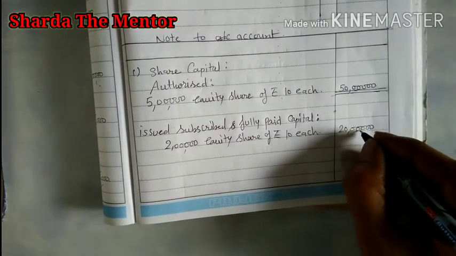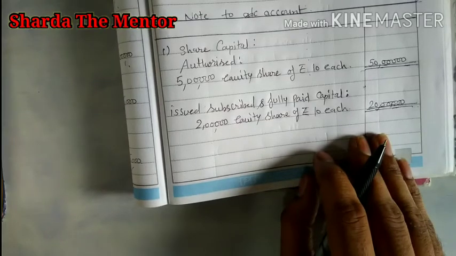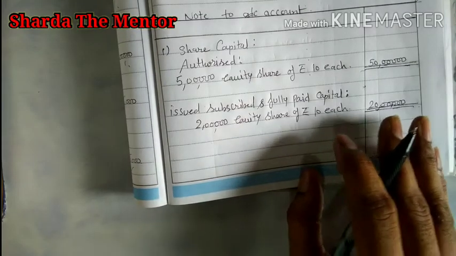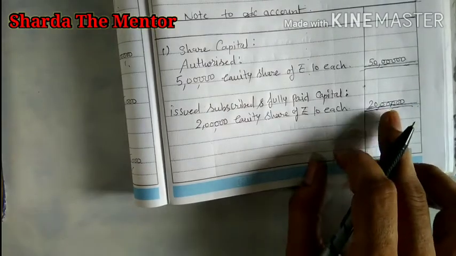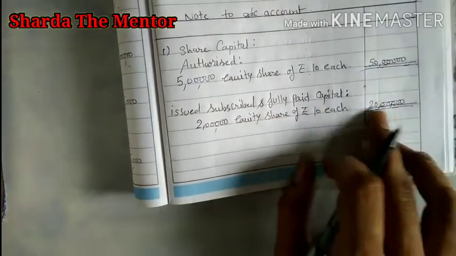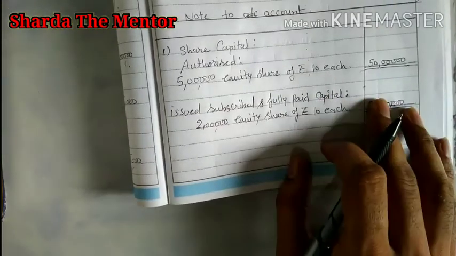So that is the issued share. It means that will be shown as share capital, issued share, and that also subscribed and fully paid up. So these 20 lakh we will show.